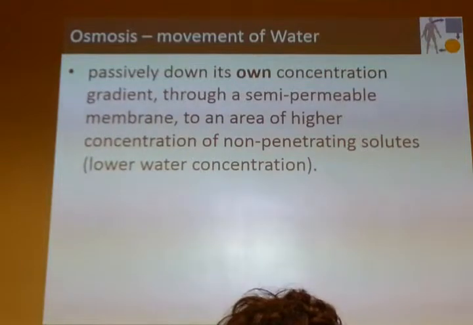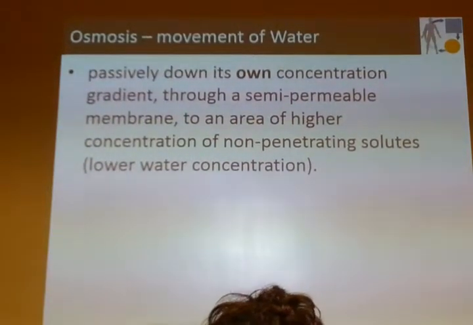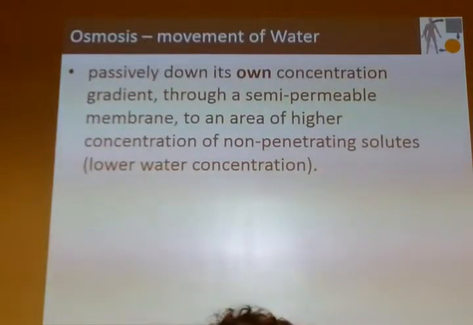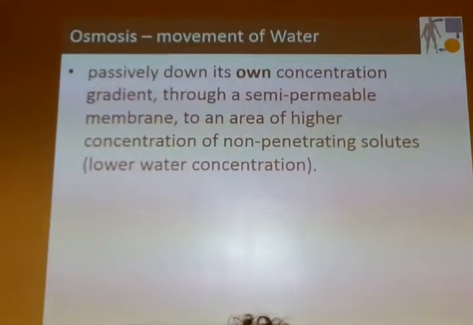Let's put, what was it, 0.5 molar glucose that was in lab. If you're not in lab, you still pay attention because this might be on the exam. Exact same question. So we've got 300 milliosmoles or 0.3 molar inside, and 0.5 molar or 500 milliosmoles outside.